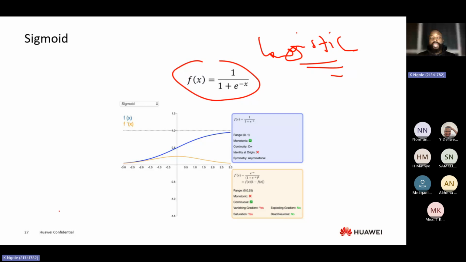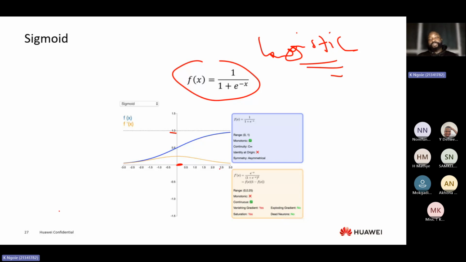What it does is that it's going to take whatever value it gets and map any real value number into a number between 0 and 1. So whatever we get, it changes into a value between 0 and 1.